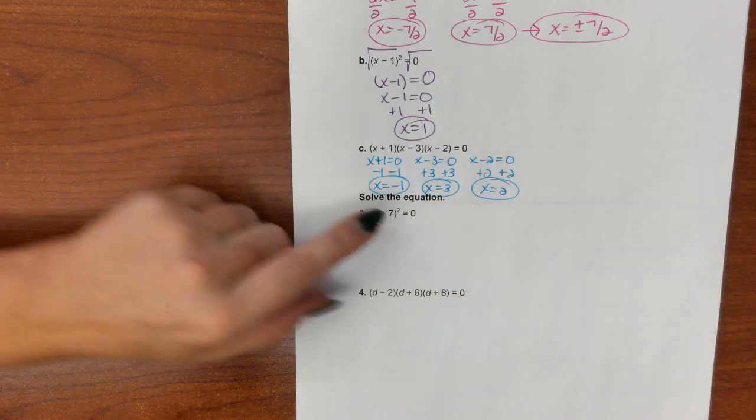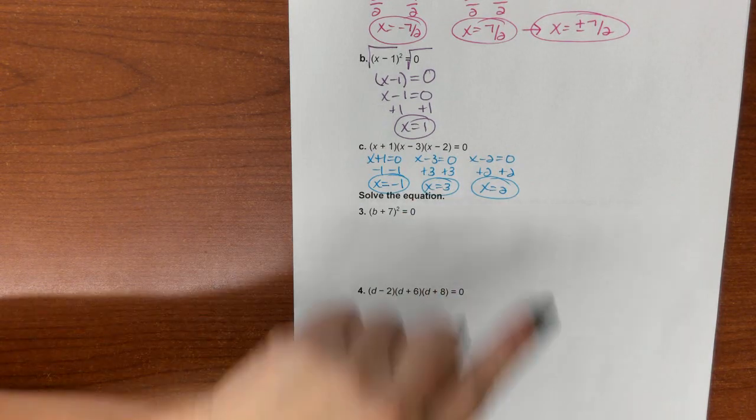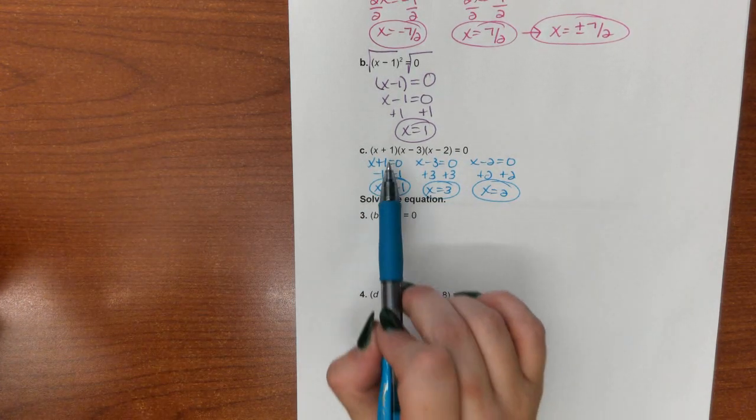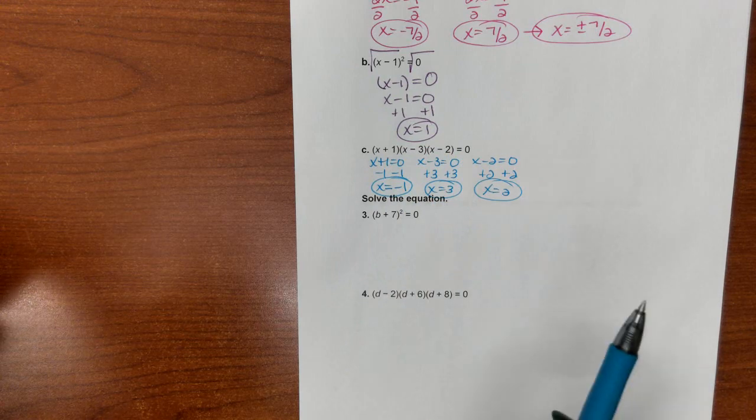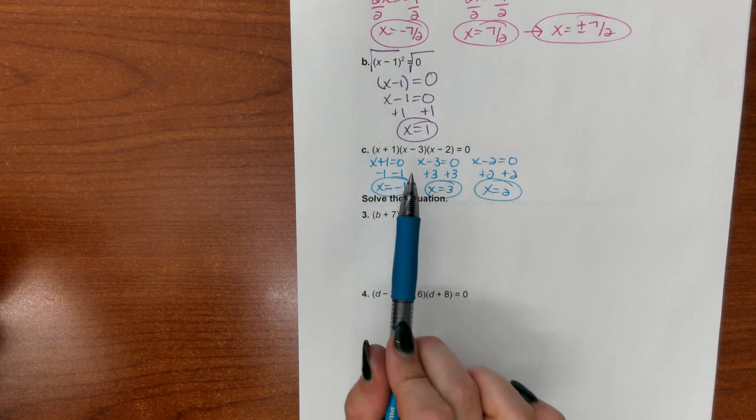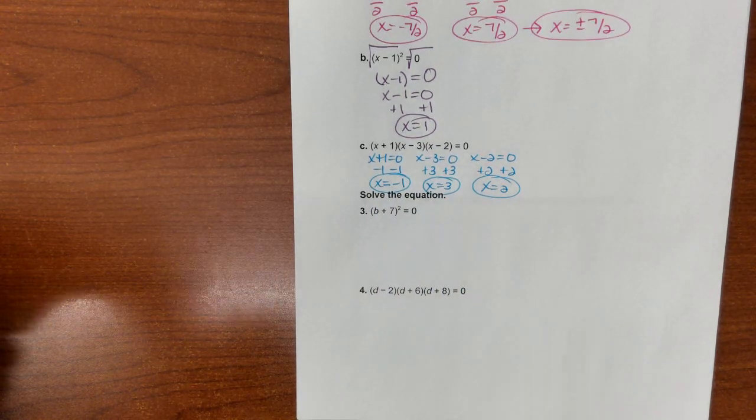So x will be negative 1, 3, and 2. So it doesn't matter how many factors you have. However many there are, that's how many times you're going to set them equal to 0 to solve.